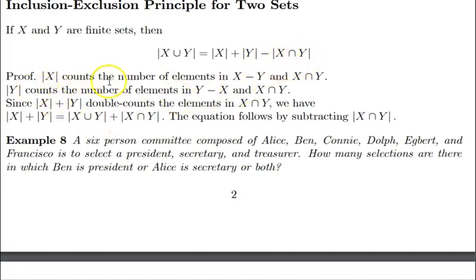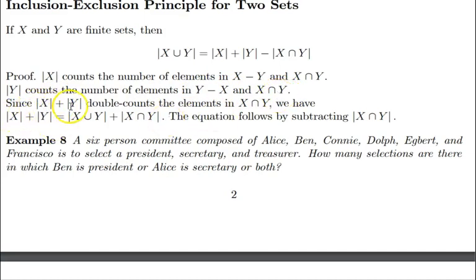The proof: the cardinality of x counts the number of elements in the difference of x and y, and the number of elements in the intersection of x and y. The cardinality of y counts the number of elements in y minus x and the number of elements in the intersection of x and y.